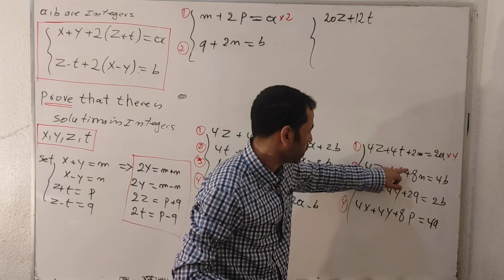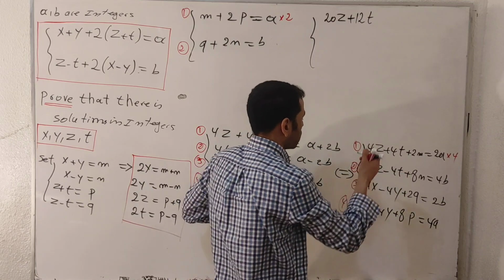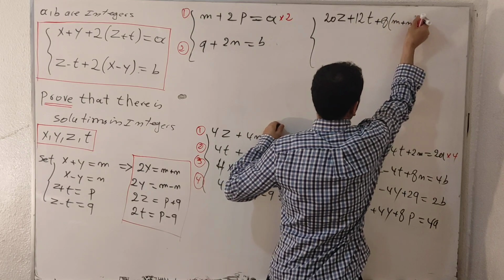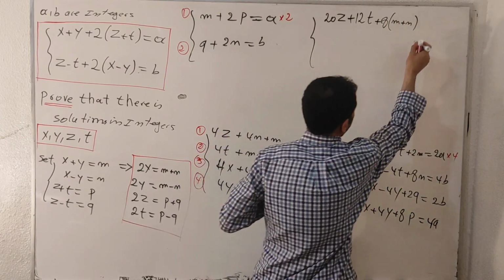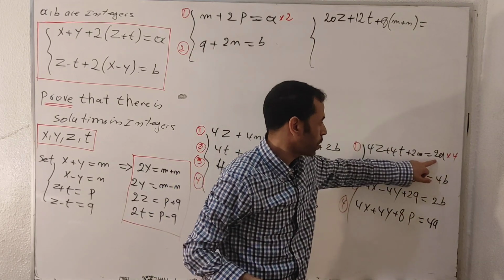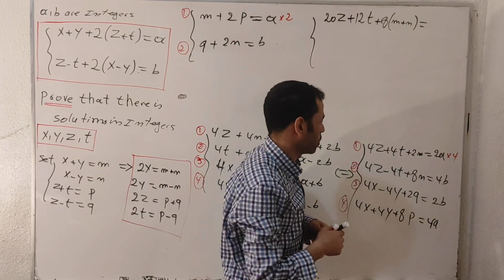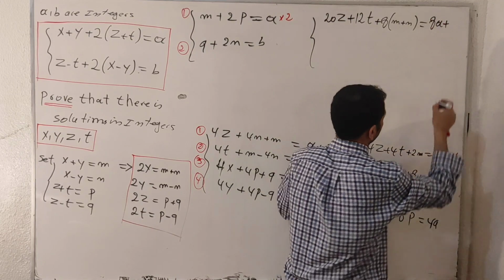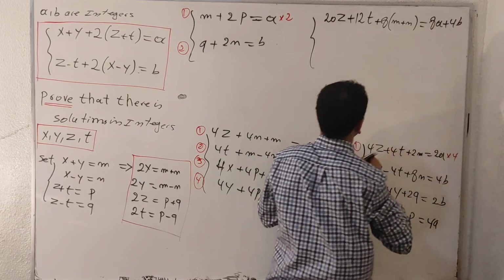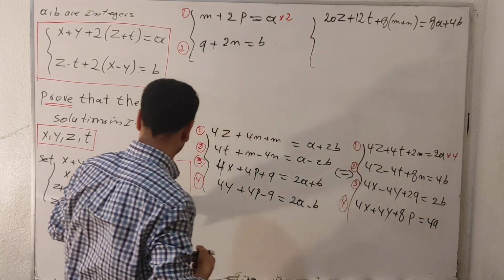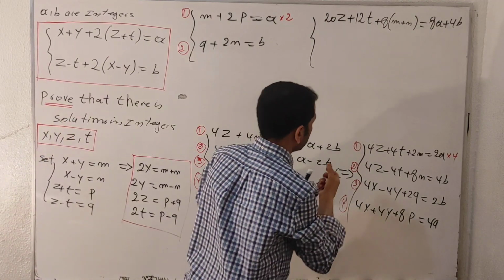I'm going to put 8 as a common factor, multiplied by m plus n, equals this one, 4 multiplied by 2a, which is 8a, plus 4b. It's very simple. Now this term m plus n will be replaced with 2x as I did before.